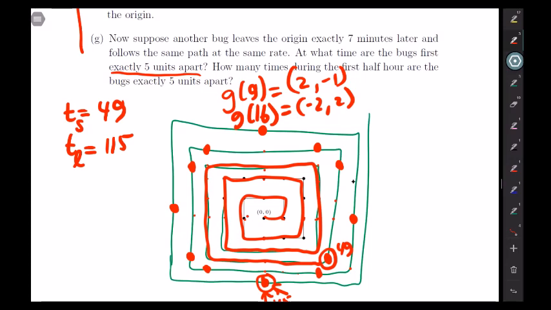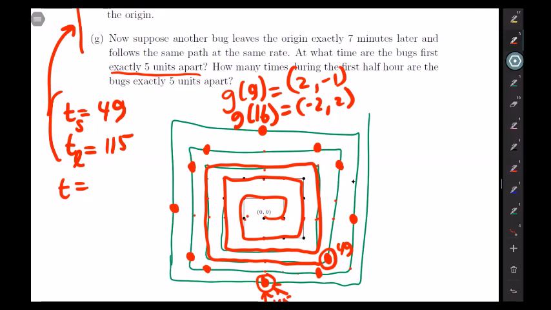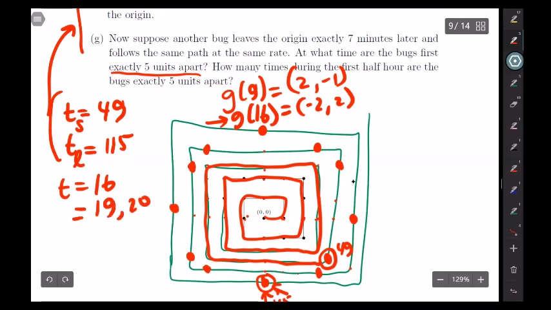But interestingly, the exact times where this thing will happen again are the following. T equals, so this one was the answer to the previous question. So this one is T equals 8 times in total. T equals 16, that one. T equals, let me write out everything. 19, 20, 23, 24, 26, 28, and 29.